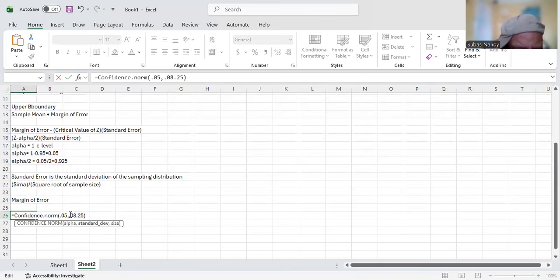0.05, then 0.08 is the standard deviation. My mistake was I didn't put a decimal point in front of it.